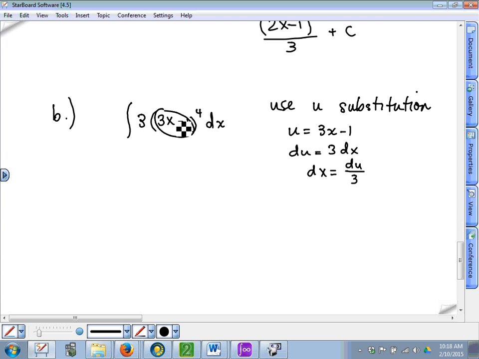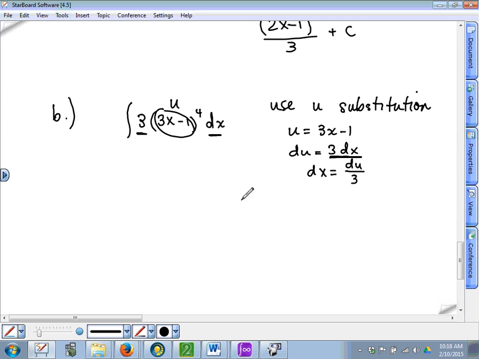So this we replace with u. What about this 3 here? That just stays. We have a 3 and a dx, we could replace that with something. Isn't 3 dx equal to du?